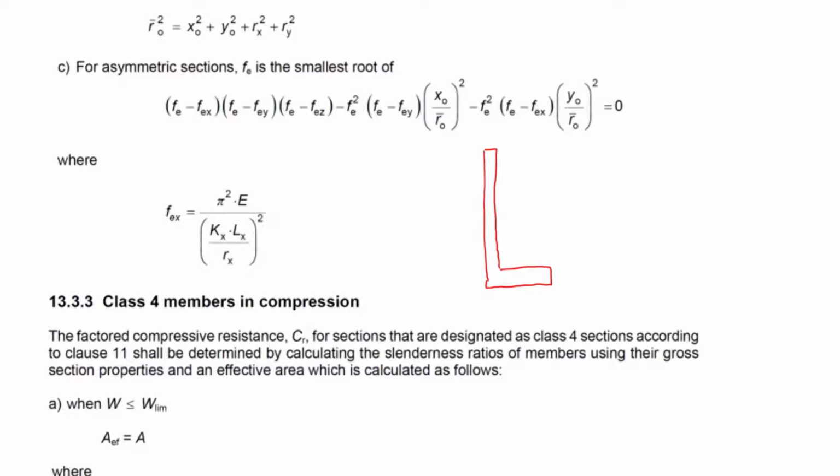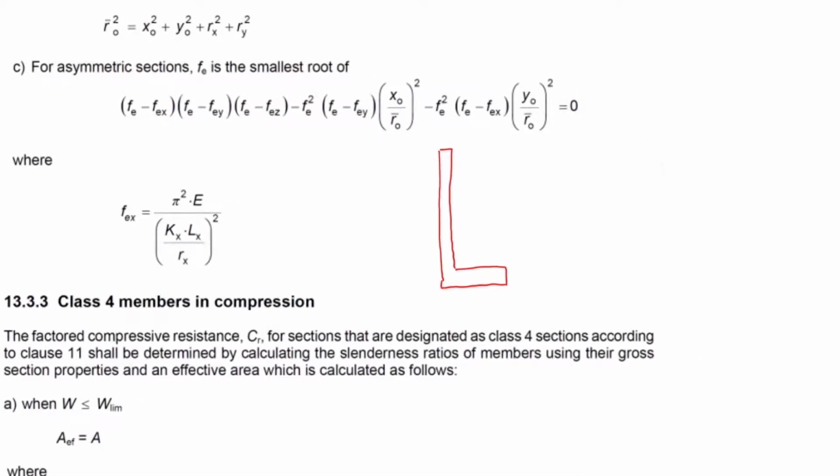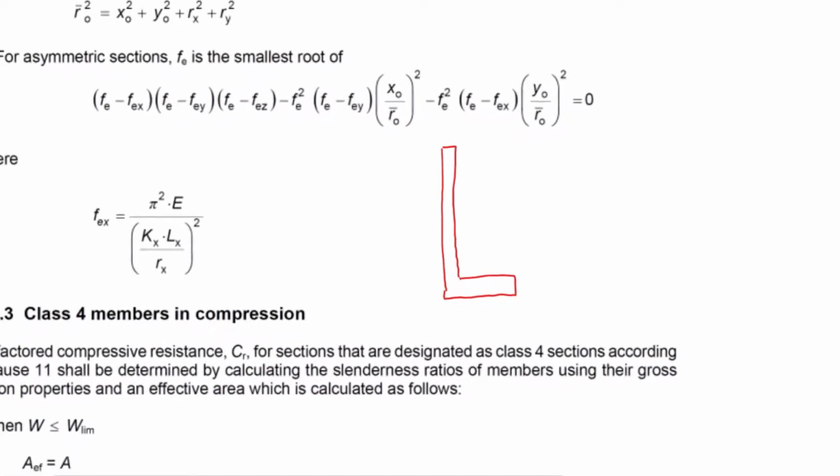For instance, we've been doing work on shipping containers where people are converting them into homes. And the corner columns of those sections are asymmetric. They have all sorts of different shapes, but then you may have some sort of asymmetric section you are designing. So not common, but once in a while. And what you have to do is you actually have to solve this equation.